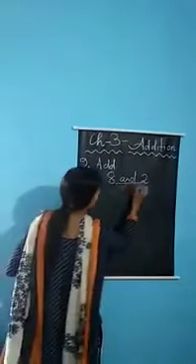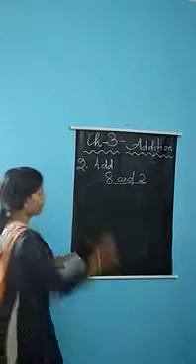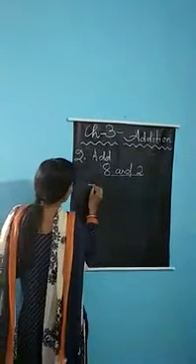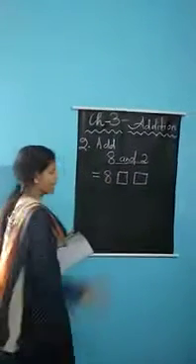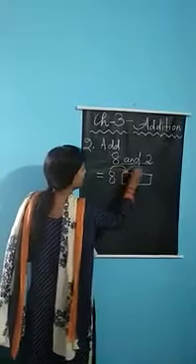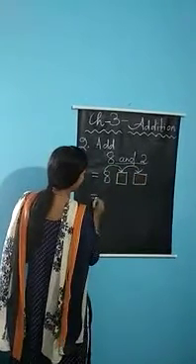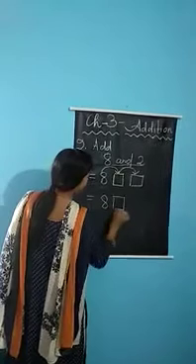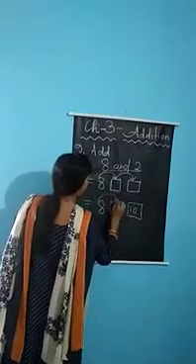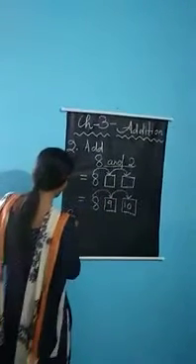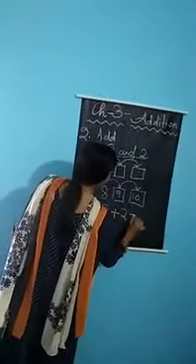Start at 8, then this is 9 and this is 10. So we come to know that 8 plus 2 is equal to 10.